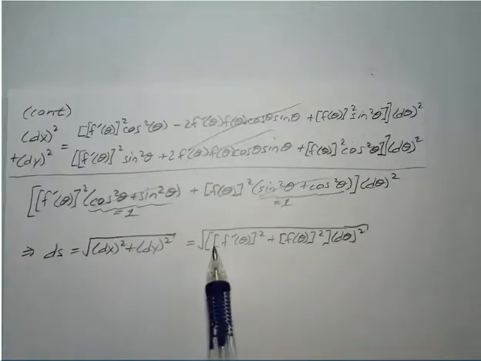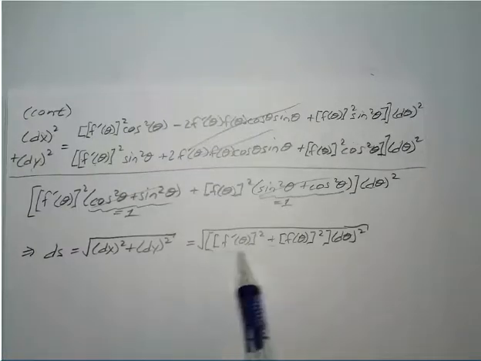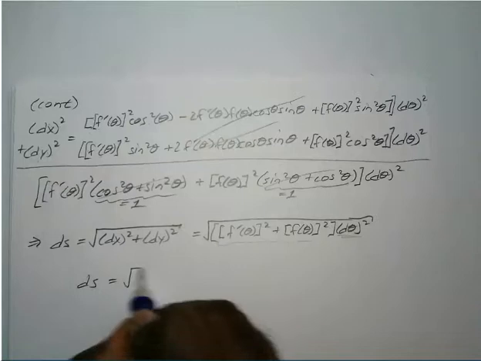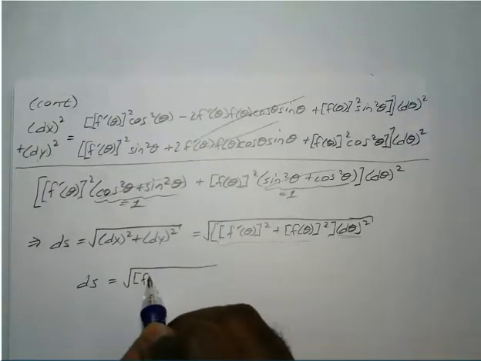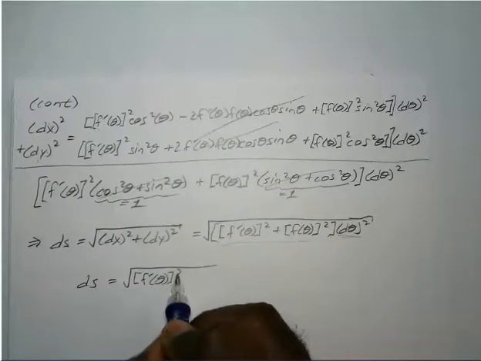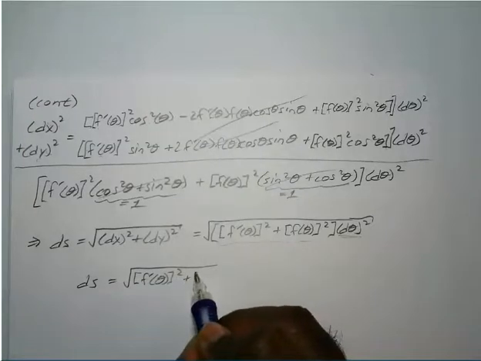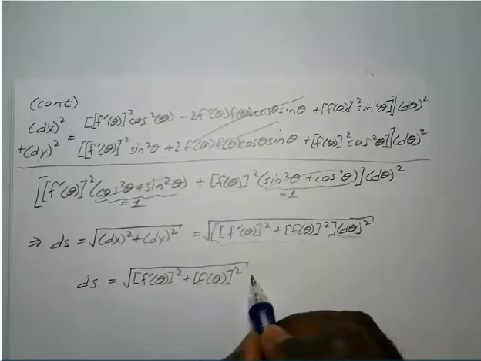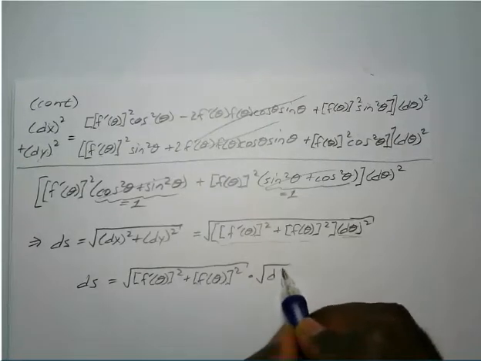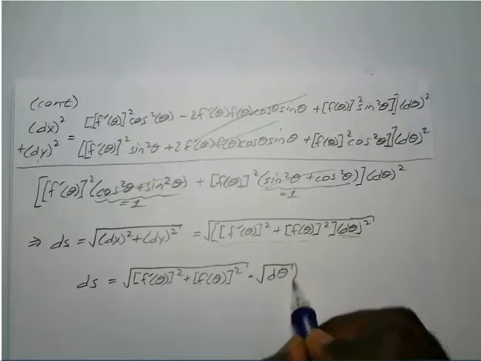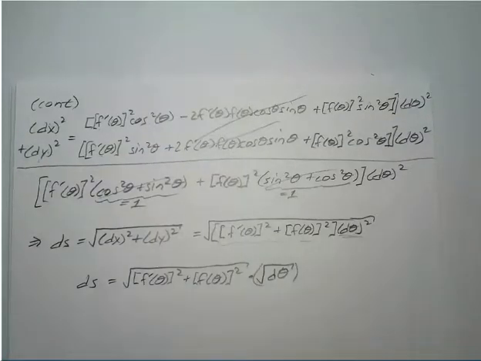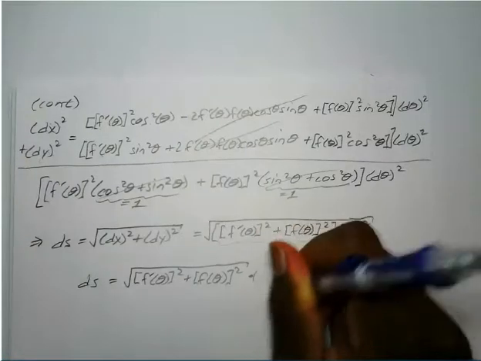So what we can do is separate this and the d theta squared. That means ds equals the square root of f prime of theta squared plus f of theta squared, times the square root of d theta squared. It doesn't matter if it's on the outside, but just to keep up.